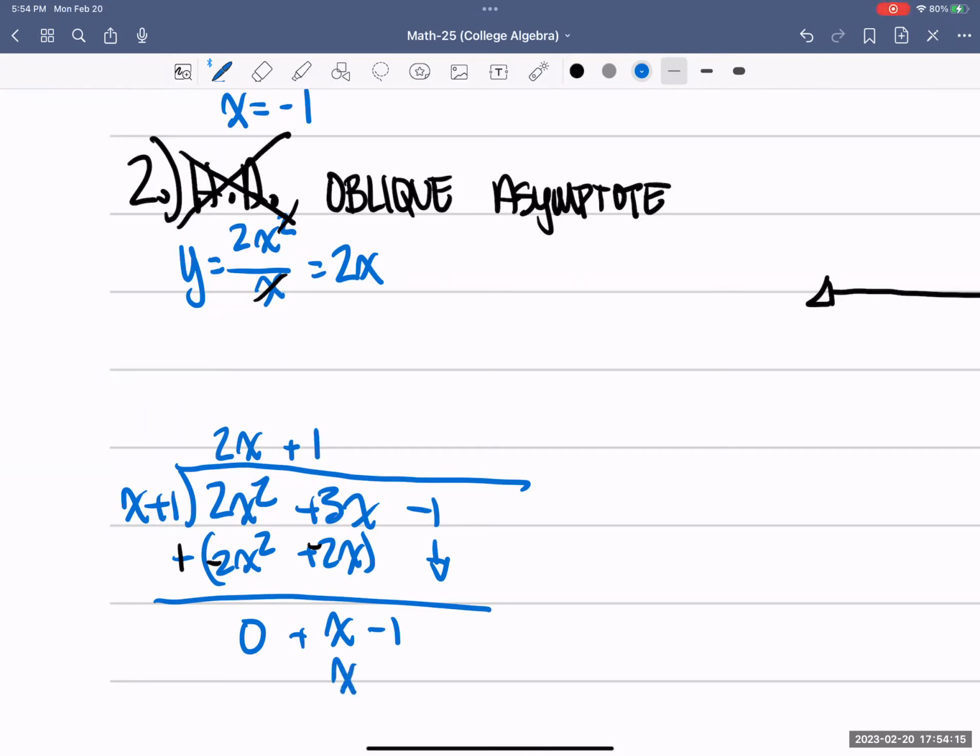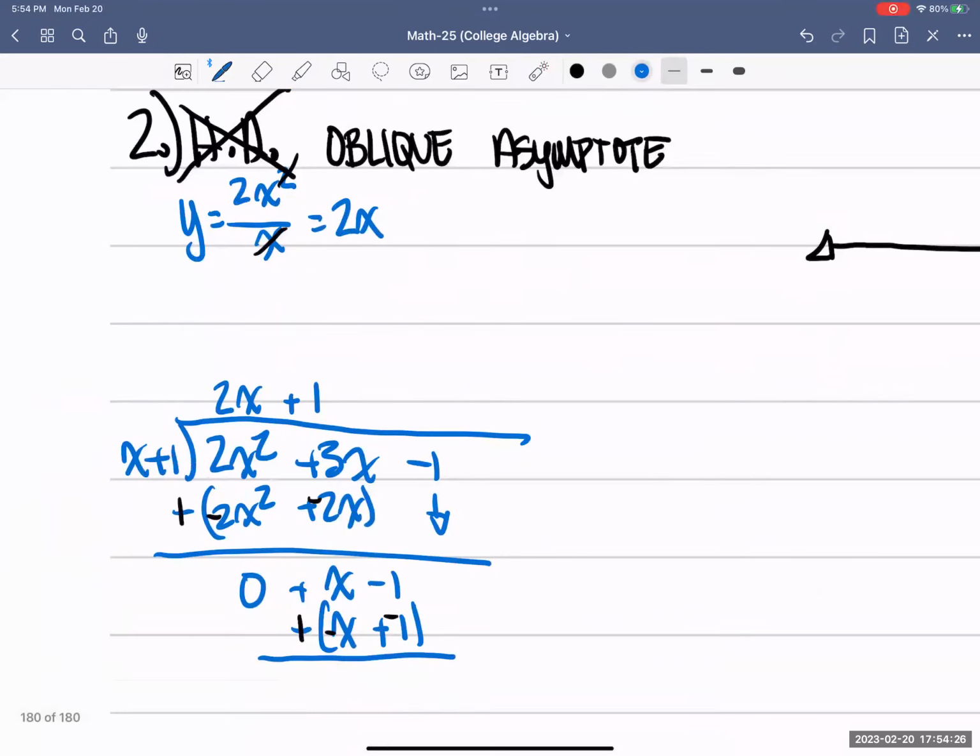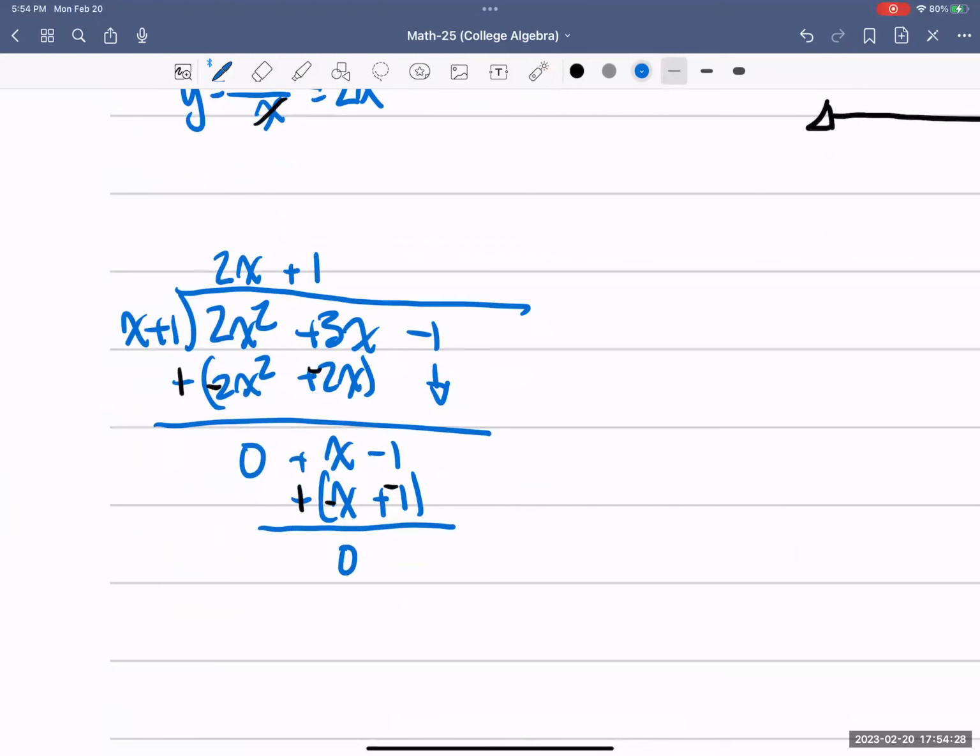And that's going to be our x plus 1. Put that in parentheses and subtract it. Let's change the sign of everything to make it easier to add. 0, and -1 plus -1 is going to be -2. So we have 2x plus 1 plus -2 over x plus 1.